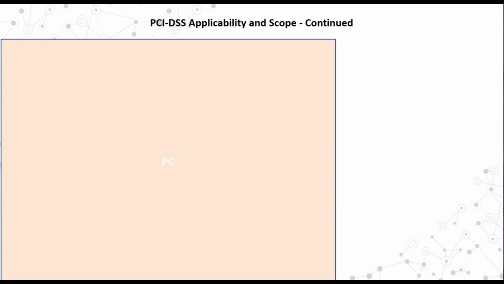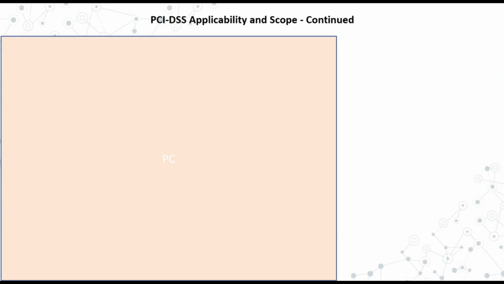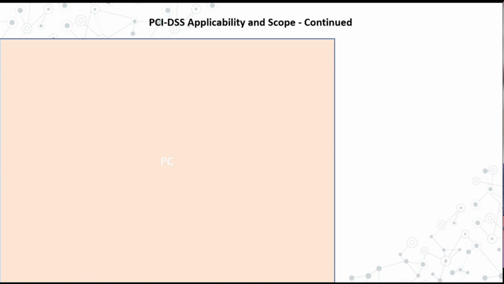So we'll discuss that, and whatever we have discussed till now, this is going to be more interesting when it comes to the scoping. We all know that the thumb rule of PCI is store, process and transmit, which in a shorter form we can call SPT.